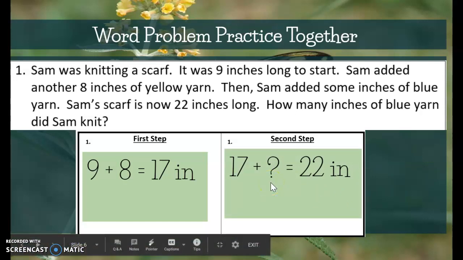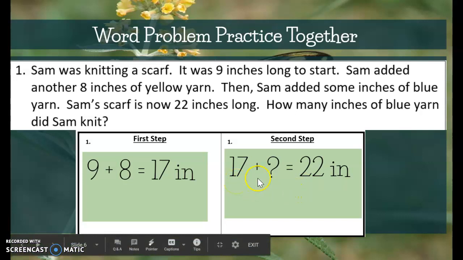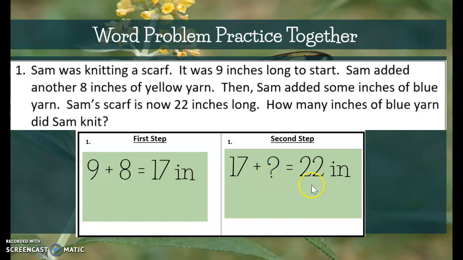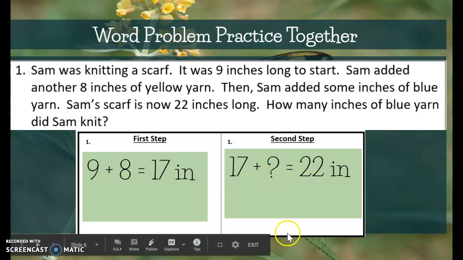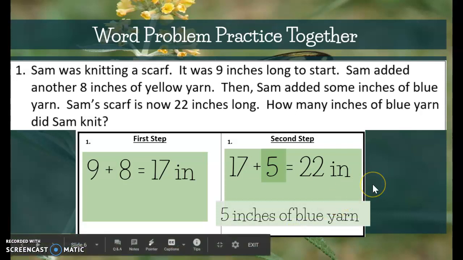We don't know how much. Then he ended up with a total of 22. So I can start with 17 and count up to see how many more I need to add to get to 22. Start with 17, 18, 19, 20, 21, 22. That's 5. So he added 5 inches of blue yarn.